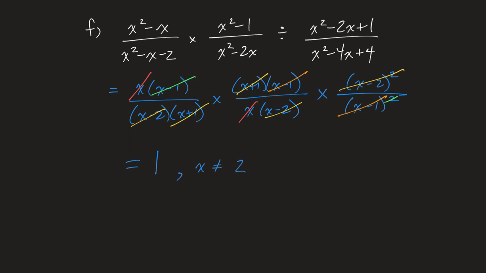X can't equal 2, negative 1, 0, 2, 1, and on top, 2 again. There we go. I can get rid of that comma at the very end, and we have every restriction included.